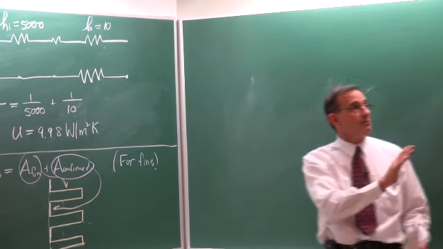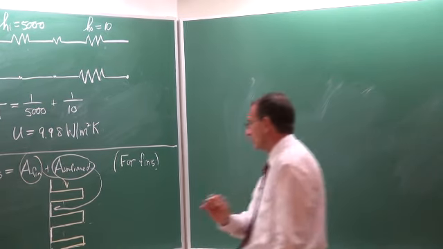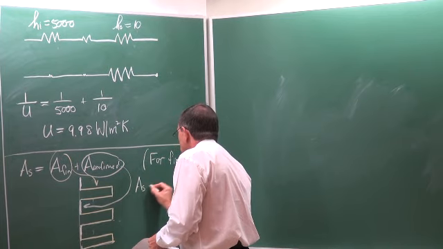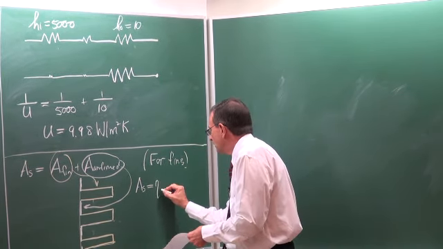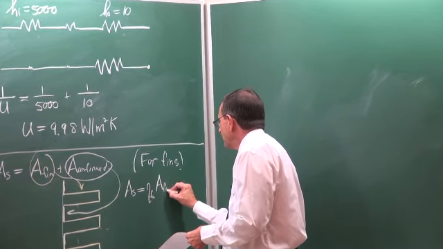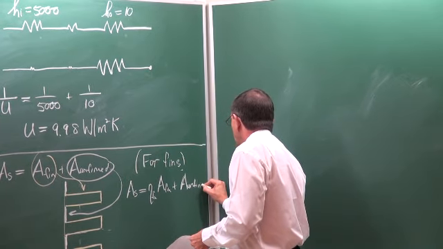But you might also remember that there's something like a fin efficiency. Taking the fin efficiency into consideration would be saying the surface area is equal to the fin efficiency multiplied by the area of the fin plus the unfinned area.